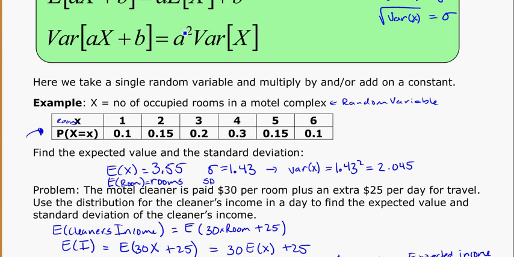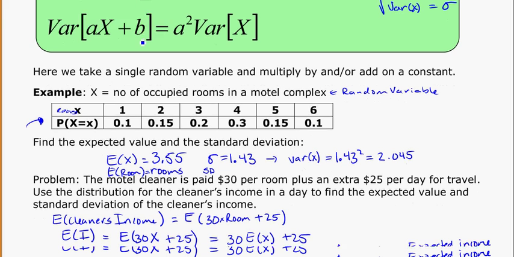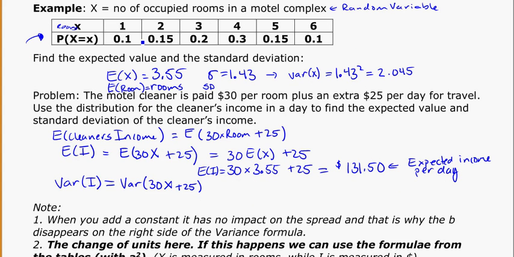You'll notice here it becomes 30 squared times the variance. And we no longer see the b, that goes away, it gets dropped. So this is going to convert to be the variance, 30 squared times the variance of x. When we leave the 25, it goes away, according to the formula.